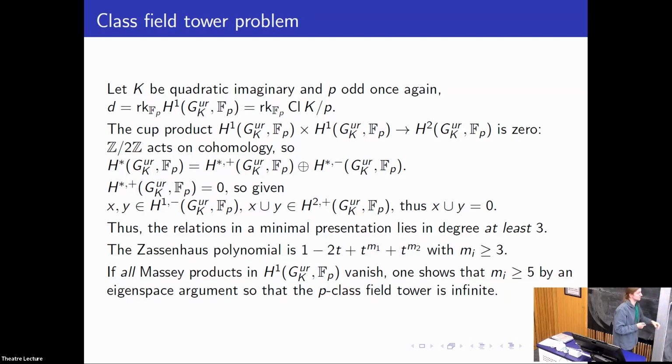I should say, the discovery of this is not new. This is due to, I think, at least Cameron McLean. So this connection between the Sassenhaus polynomial and Massey products is not due to Eric and I. But if threefold Massey products vanish, then the p-class field tower is infinite.